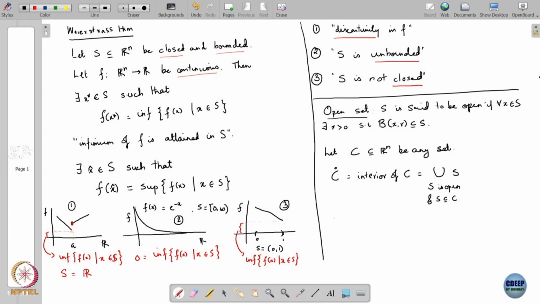And there is an analogous notion called the closure of C, denoted by C with a bar on top. This is the intersection of all sets S such that S is closed and S contains C. So, the interior of a set is the largest possible open set you can fit inside the set.